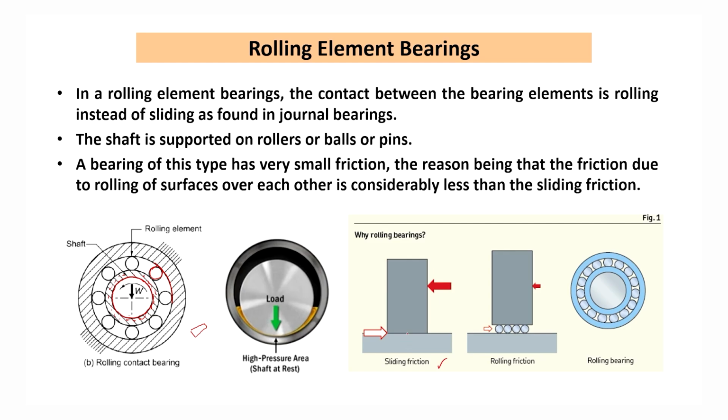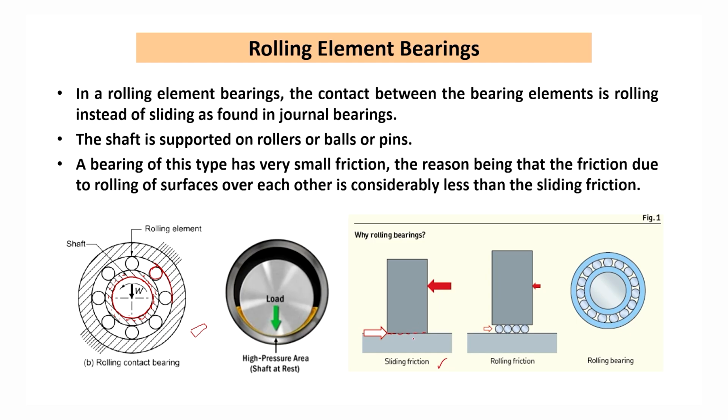In the case of sliding, the two surfaces are in direct contact, and when we apply a force to slide the upper weight, there will be an appreciable amount of friction here. Now, if a lubricant is placed in this place, then the amount of friction will be reduced, but there will still be appreciable friction.